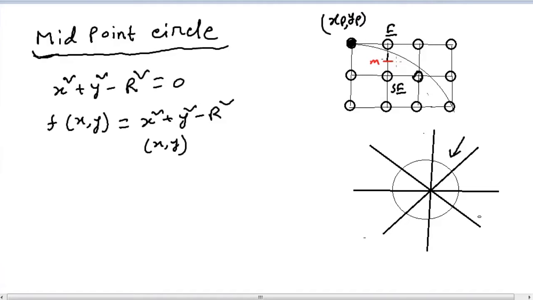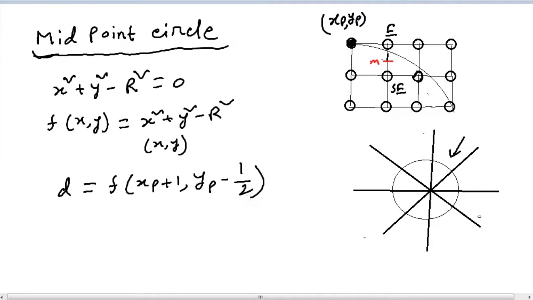Okay? So once again, we define our variable d, based on which we'll take the decision as to which pixel we have to choose. Now, the functional equation of d would be given by f of xp plus 1, yp minus half.